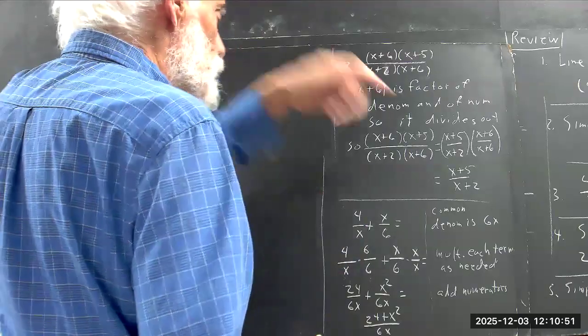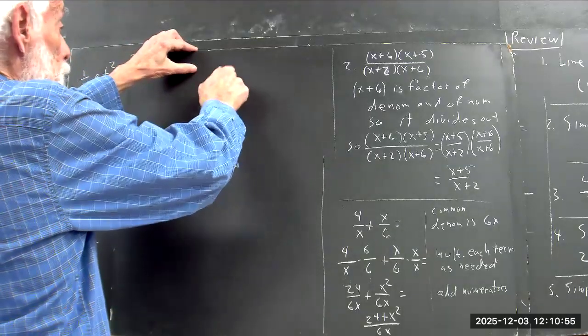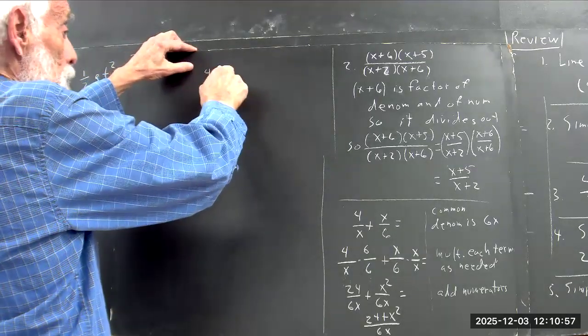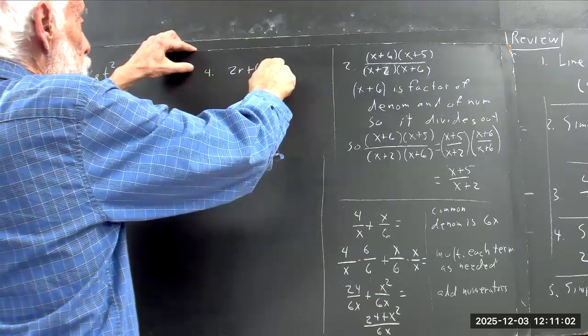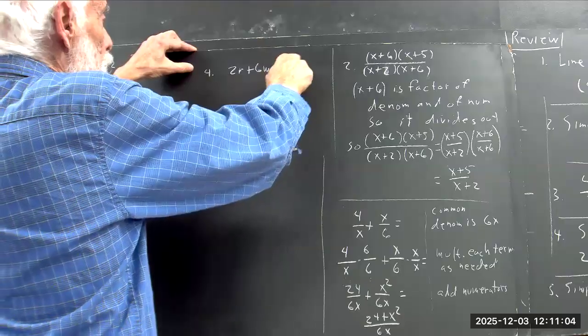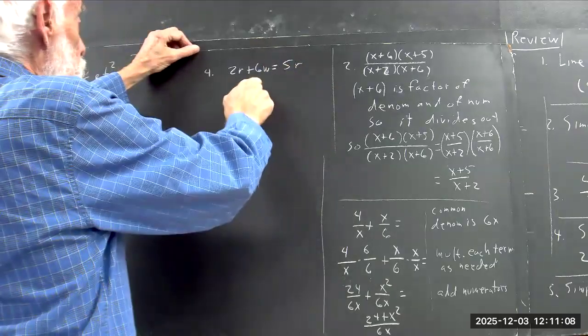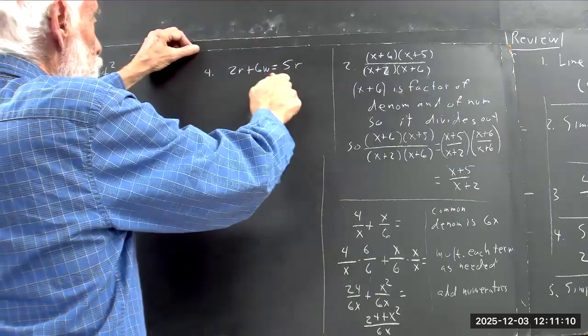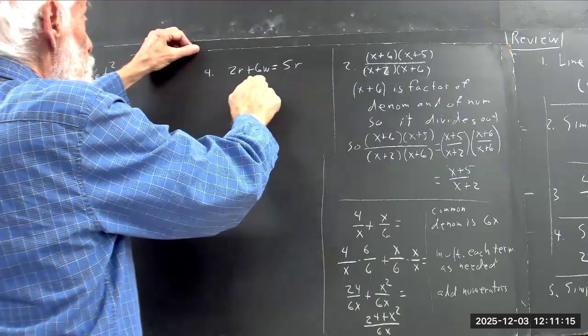Okay. Now solve this equation for r. And everybody did quite well with this one. I was pleased. Okay, so this number 4, we have 2r plus 6W equals 5R. Okay, what people essentially did was they added a negative 2R.